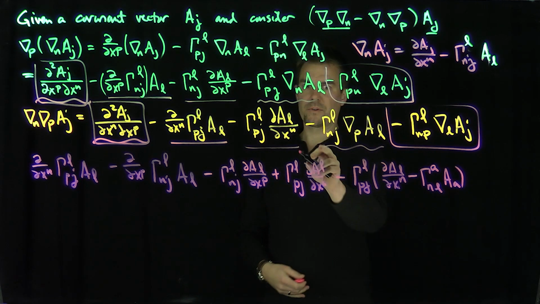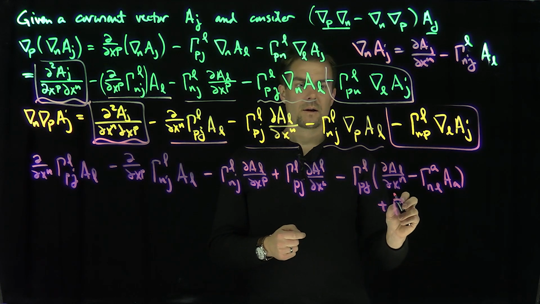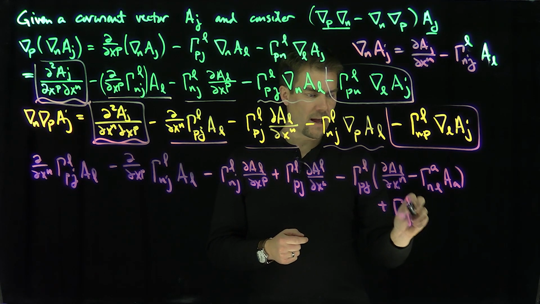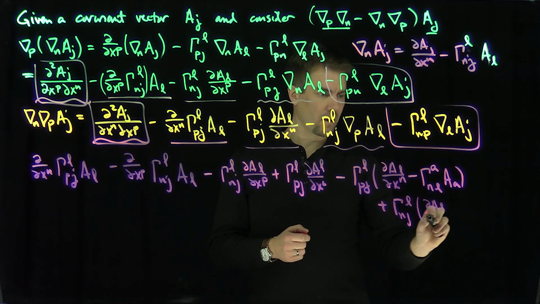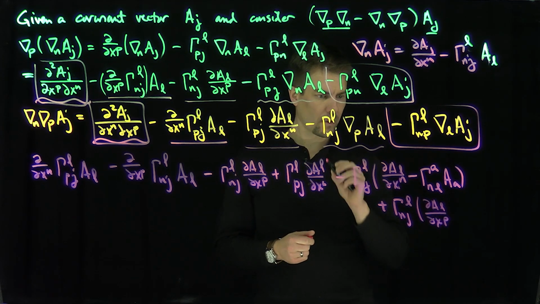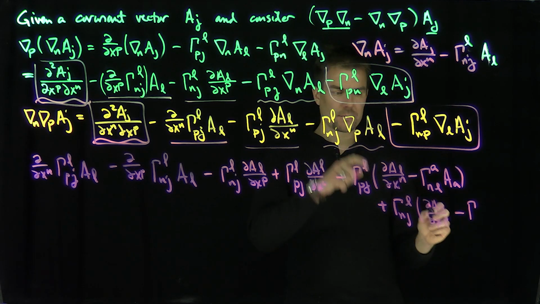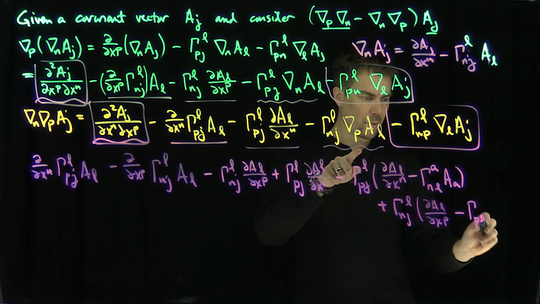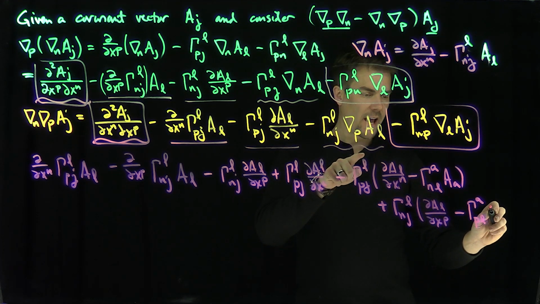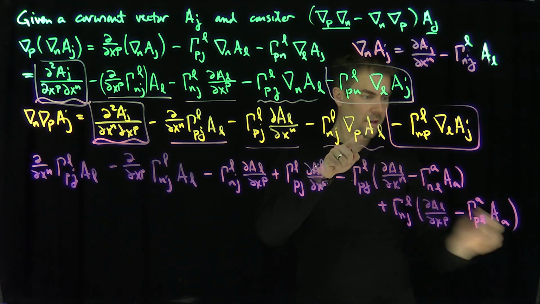And there's one more term over here. These terms are going to get a plus, right? So then plus gamma^l_{nj}, and then a p derivative, so partial A_l partial x_p, okay? And then a minus what? Minus gamma^a_{pl} A_a, like that.